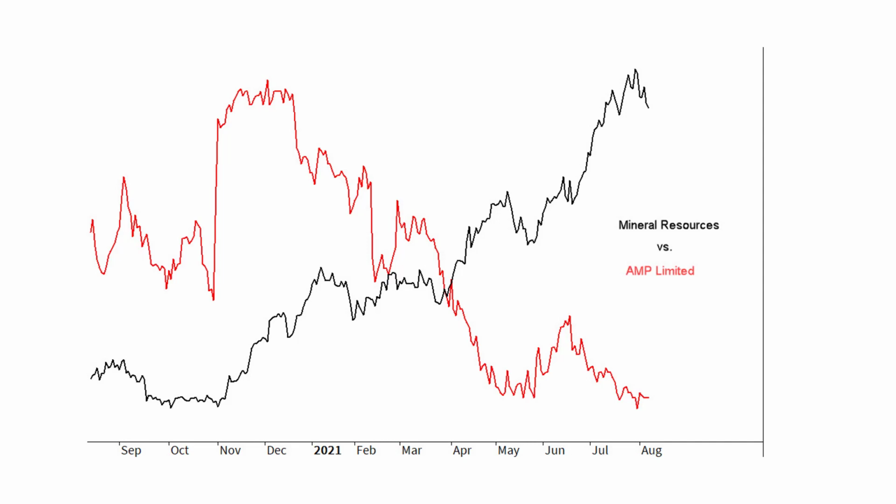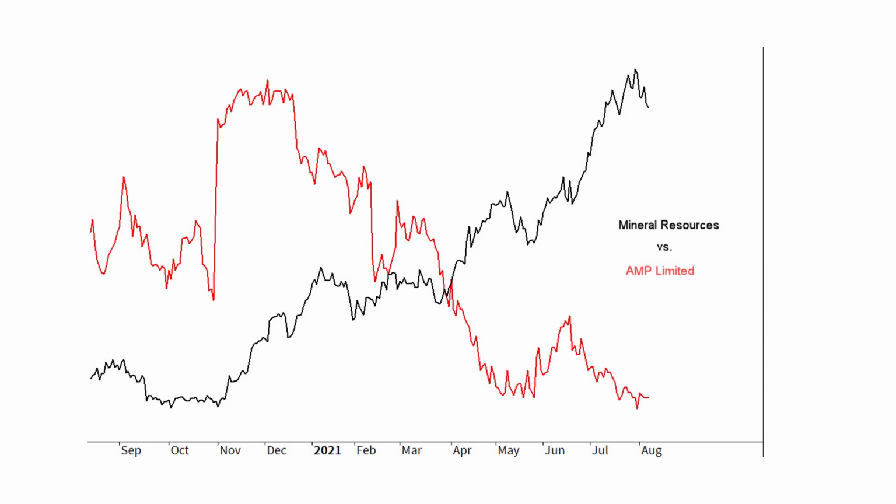You can clearly see the differences. AMP is going down, Mineral Resources is going up, so the relative momentum favors Mineral Resources. If we were to rank these two, i.e. compare one to the other, Mineral Resources would sit atop of AMP because the momentum is up, whereas AMP is down.